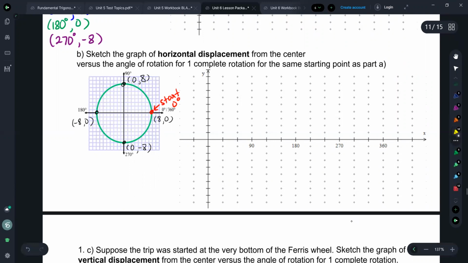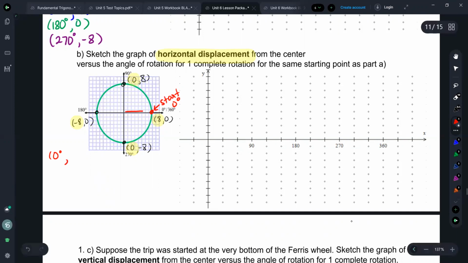So if I'm tracking horizontal displacement, am I interested in all the x coordinates at this location or all the y coordinates? Okay, so horizontal will be x's. So I'm interested in all of these coordinates as we rotate around. So at 0 degrees, are we to the right of the center, to the left of the center, or are we equal to the center?